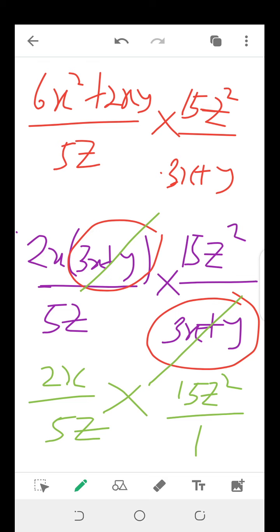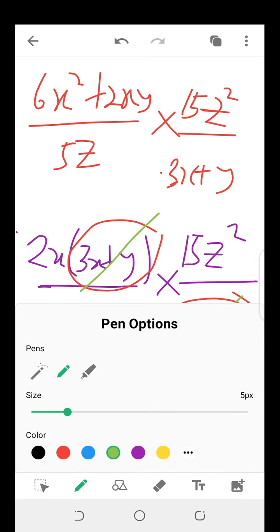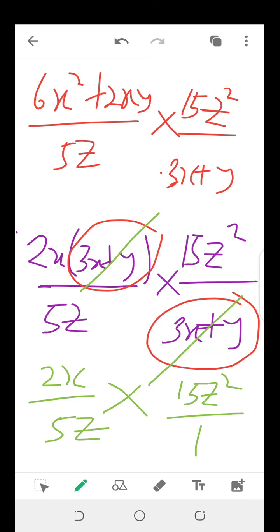And then 5 can go into itself 1 time, and z can go into itself 1 time. 5 can go into 15 three times, and z can go into z squared z times. Z squared divided by z, you get z.